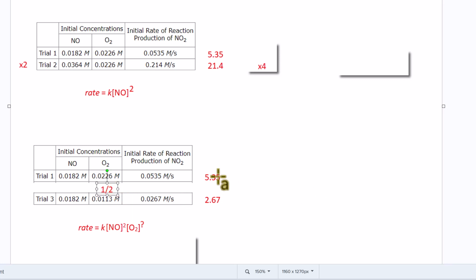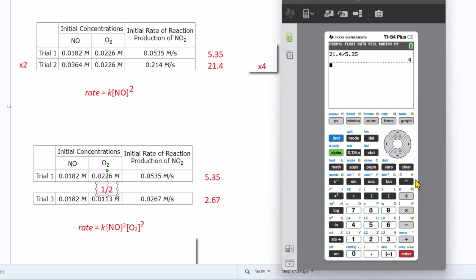And now let's see what happened to the rate, 0.0535. And again, it's easier to look at these numbers, and you might be able to see the half. If not, let's just get our calculator out and see what 2.67 divided by 5.35 is. 0.4999. That's half too.